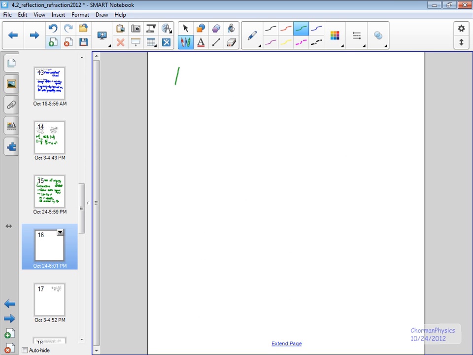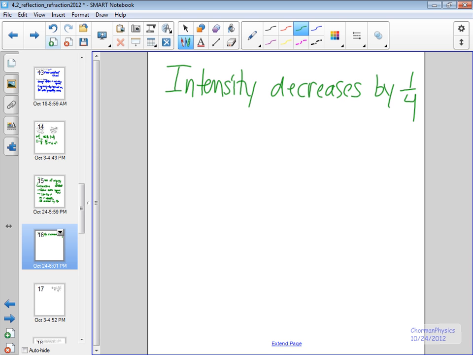And since we're dividing by area, this is the energy per area, intensity decreases by 1/4. All right? So just think of two spheres, all right? One with double the radius.